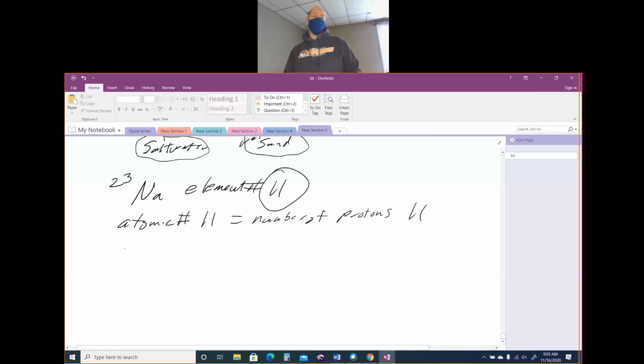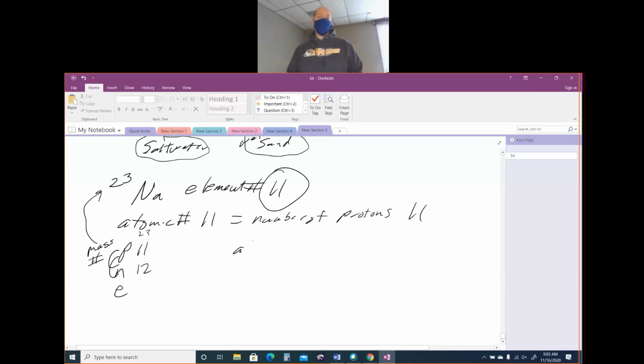If it wants the protons, neutrons, and electrons, your protons are 11, and you also need to know that your mass number is protons plus neutrons. So you take your 23 minus 11, and you get 12. The protons and neutrons must add up to your mass number. I gave sodium without a charge.